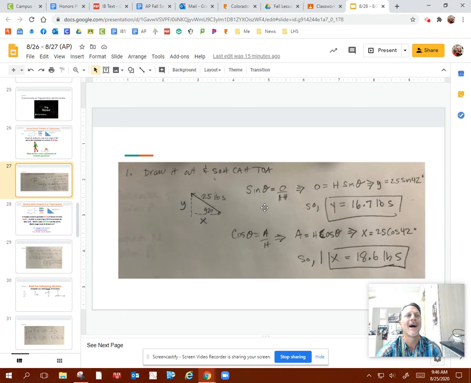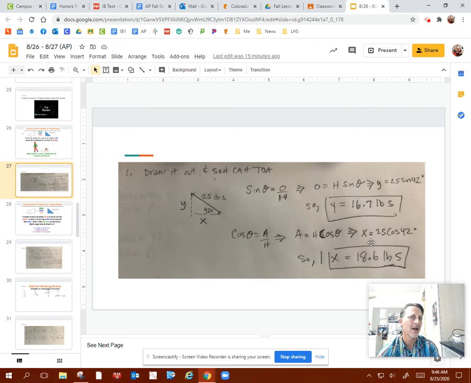I have the hypotenuse and I want the opposite, so I'm just algebraically manipulating this: opposite equals hypotenuse times the sine of theta. The opposite is the y that I'm looking for. The hypotenuse is 25, and the angle is 42. Put that in my calculator: 25 sine of 42 equals 16.7 pounds. That's what the up is. I do the same thing with a cosine function, and I figure out what the adjacent side is.